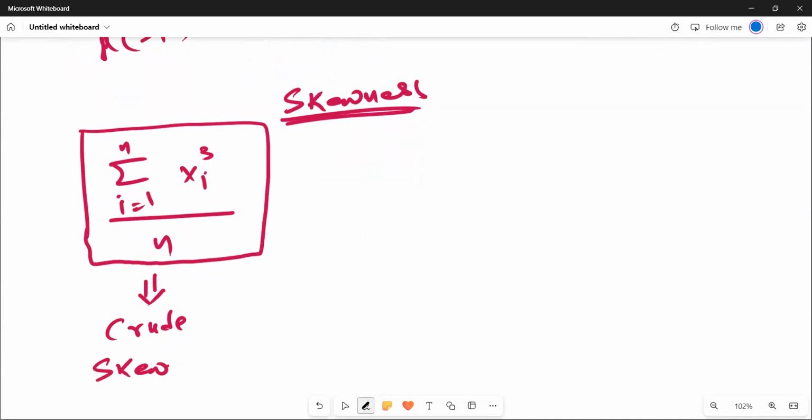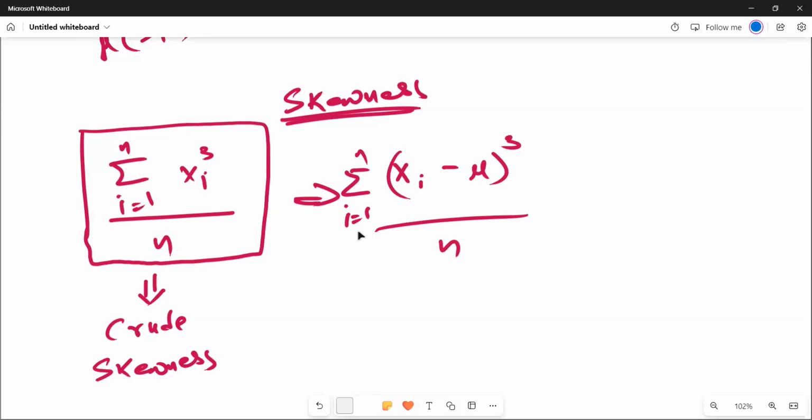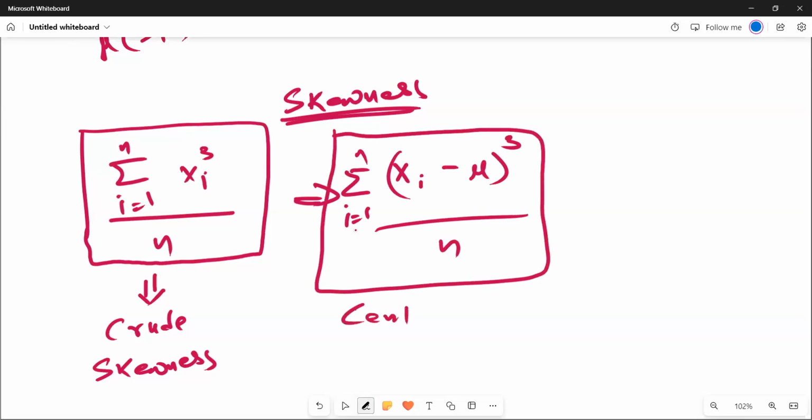Since here the reference point is taken as the origin, what we'll do is take the reference point as mu, the mean of the data. We'll simply take the cube and the summation from 1 to n, and again divide by n. This is referred to as central skewness.